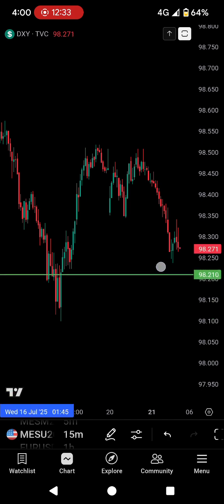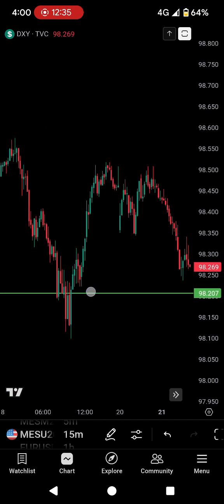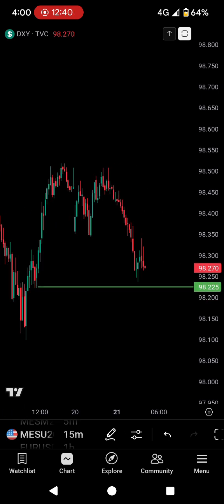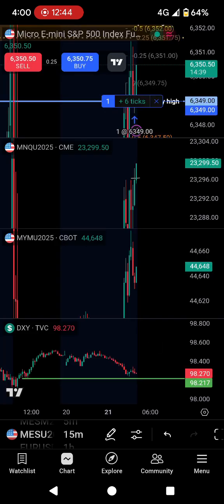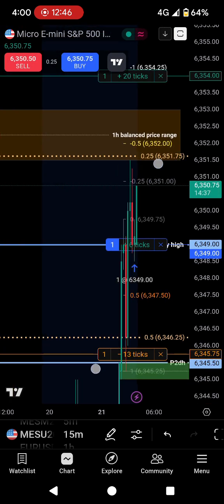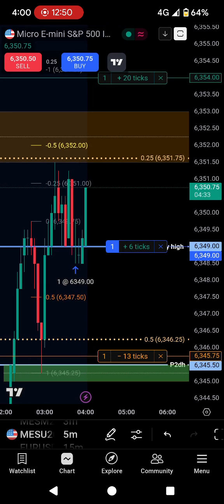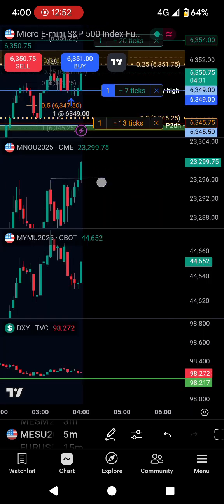Okay, we got sell side right here. So lower dollar means higher indices. So very nice, we start displacing higher.